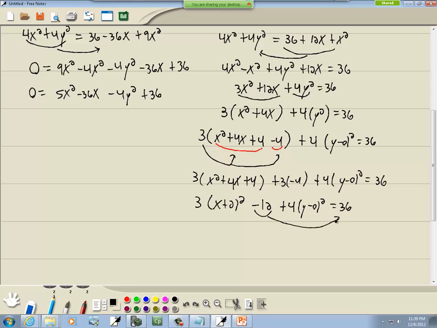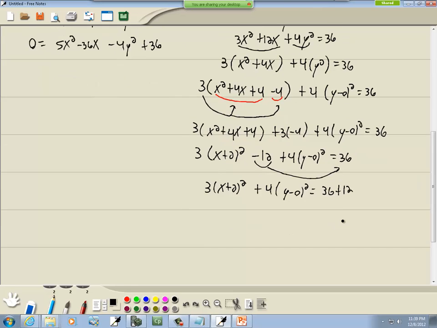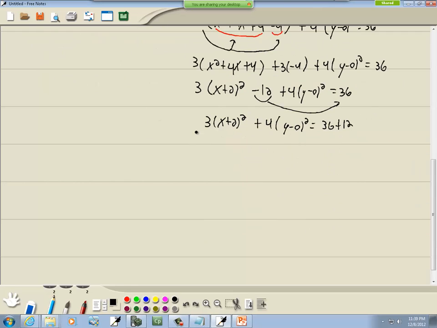Take the negative 12 over, and it becomes a positive 12. Which gives us 48.